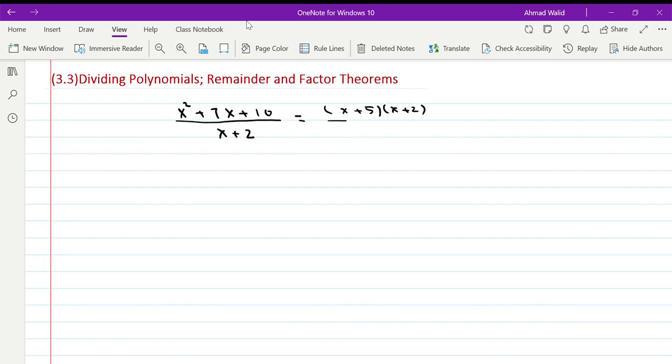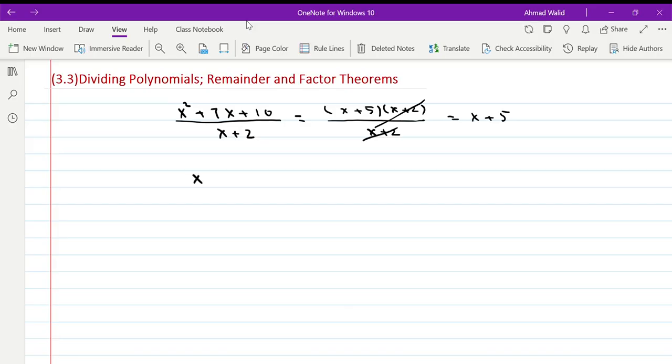And you have in the denominator x plus 2, and easily you can cancel these two and your answer is x plus 5.